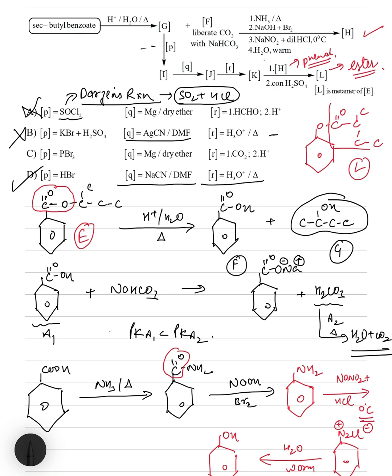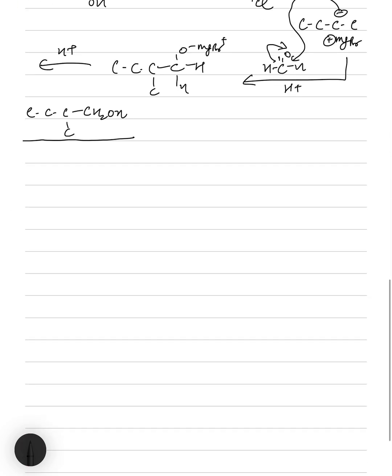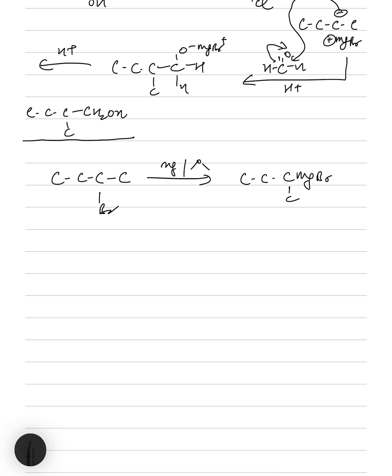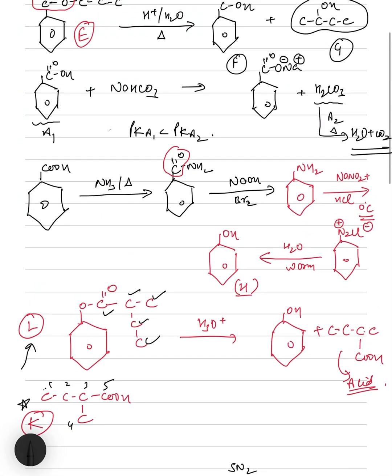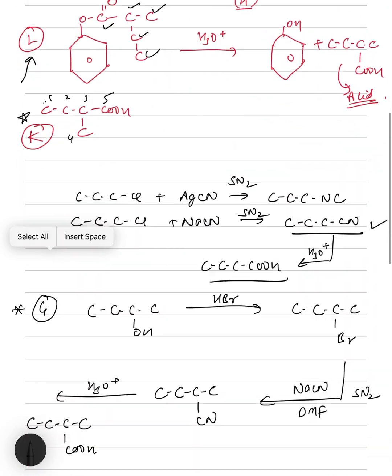When it comes to option C, here also, if I react G with PBr3, G reacts with PBr3 to form alkyl bromide. Then the alkyl bromide is made to react with Mg in dry ether, and again we get the Grignard reagent. Now this Grignard reagent is made to react with CO2 and then acidic medium.